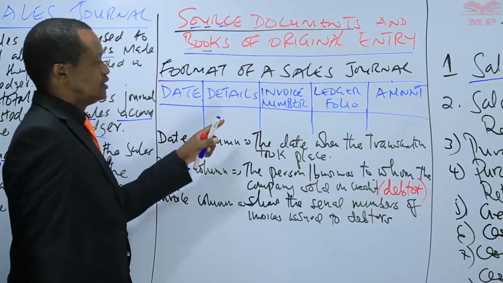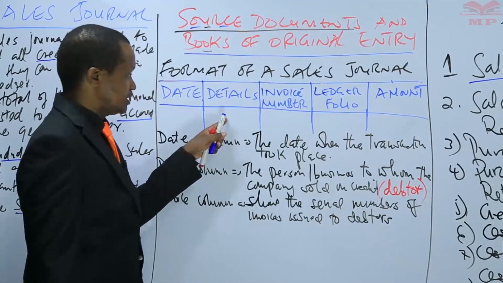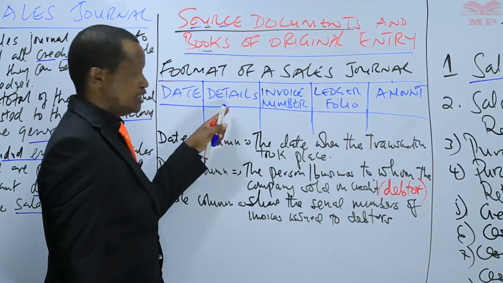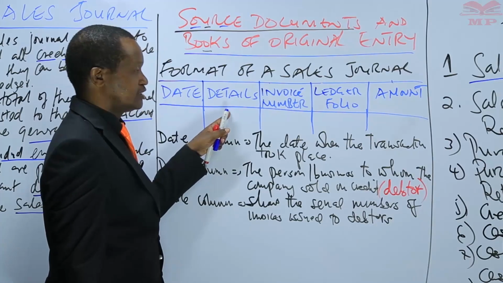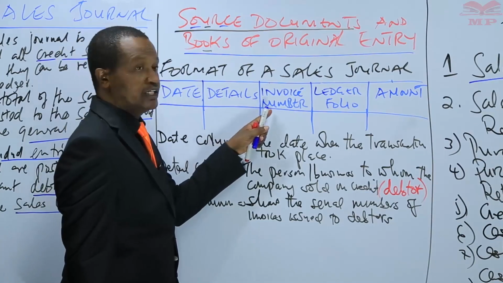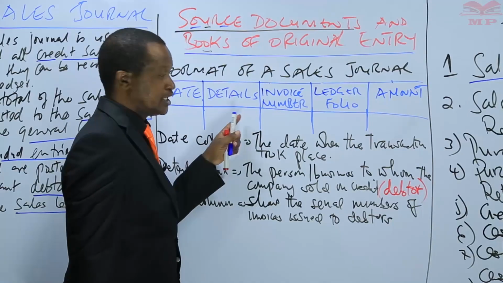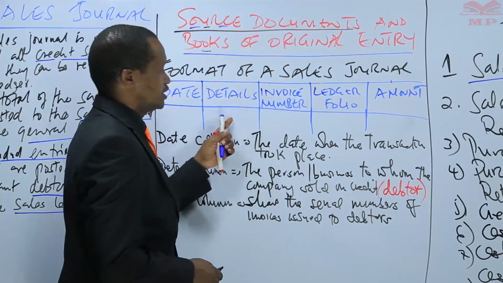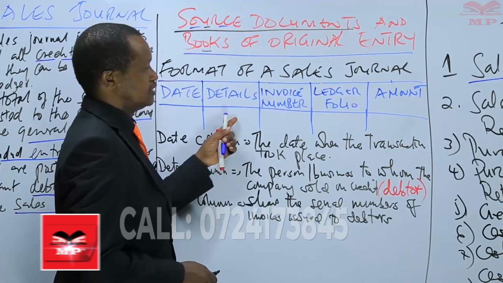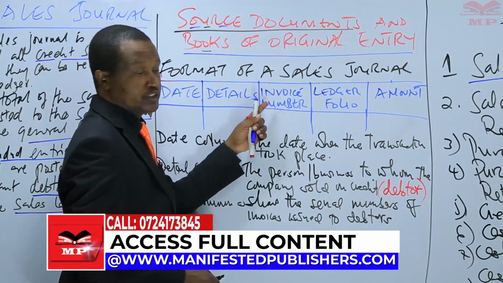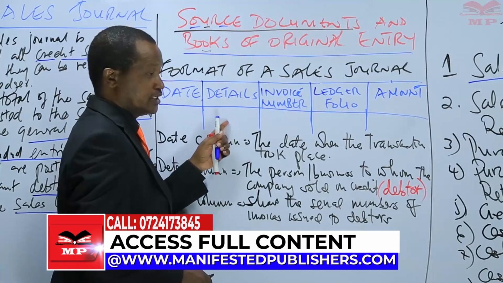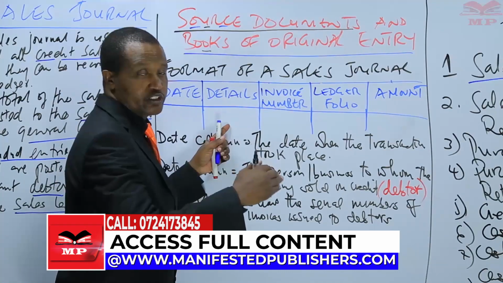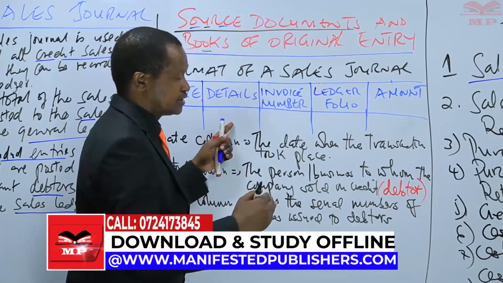So when the business sells to a debtor, the name of the debtor is recorded under details, and the invoice number will show the number of the invoice that was sent to the debtor, because invoices have serial numbers.